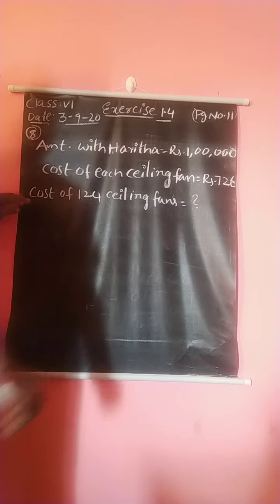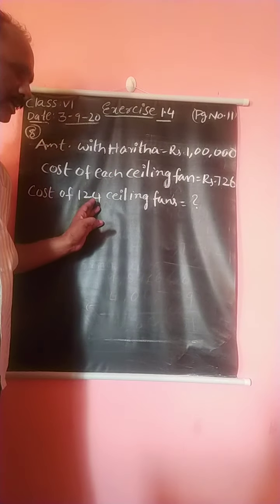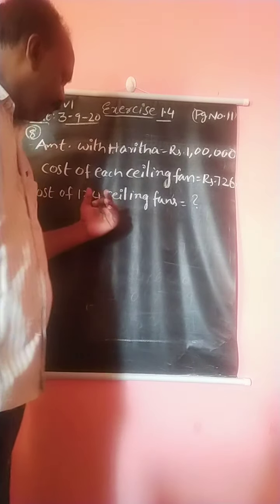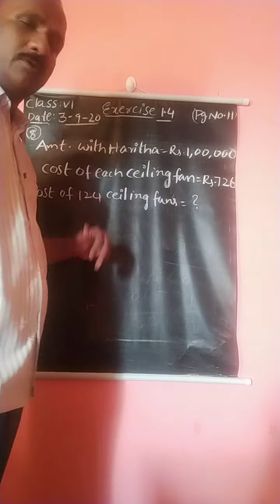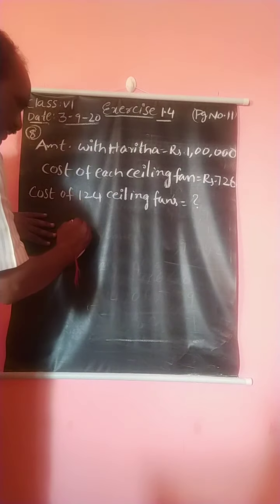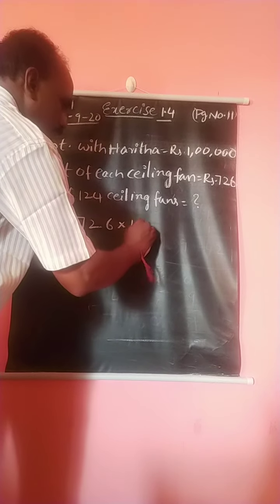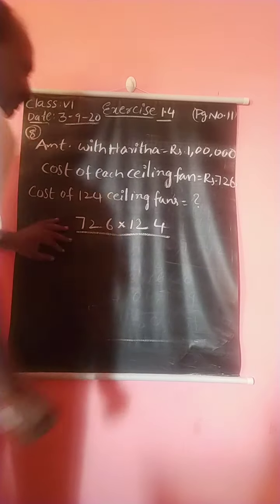A small quantity is given and you want a big quantity, so you multiply 726 rupees with 124. That means 726 into 124.